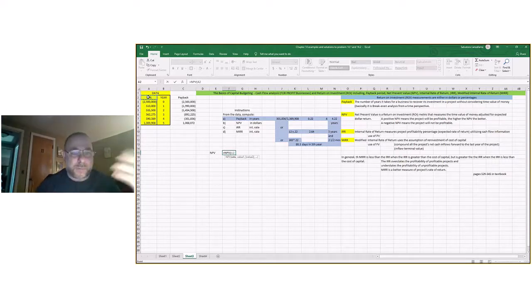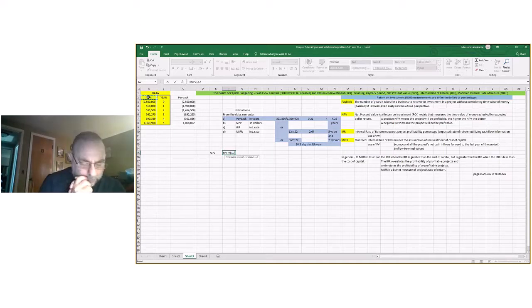So I didn't recommend that last time, but I think it's really the best way to do it. So we're going to put in the interest rate, which is in cell A2. And I tried to use the exact same information that's in your chapter so that you can follow along even with looking at the book. Same Excel spots, so it's exactly the same.